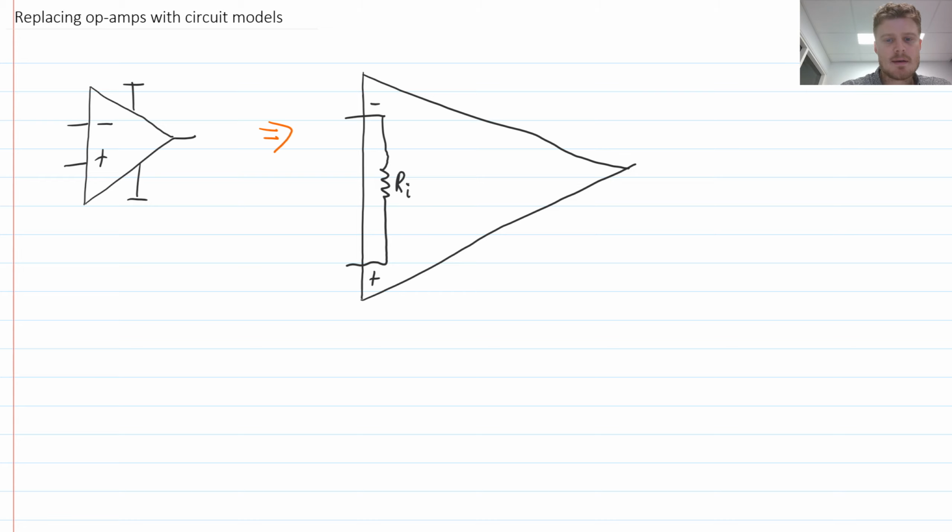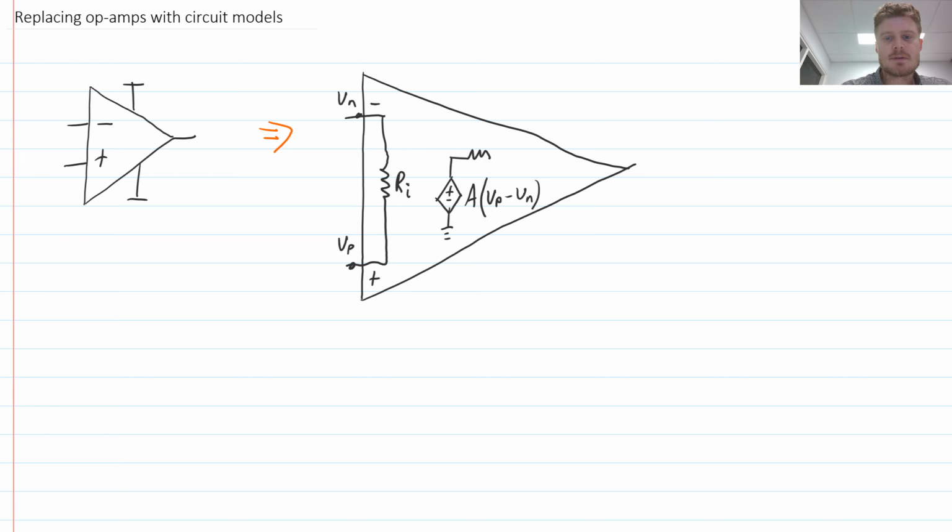And a dependent voltage source, with a voltage which is equal to a parameter A, called the open loop gain, multiplied by the difference in voltage between our terminals, so Vp and Vn as the voltage at the positive and negative terminals respectively.